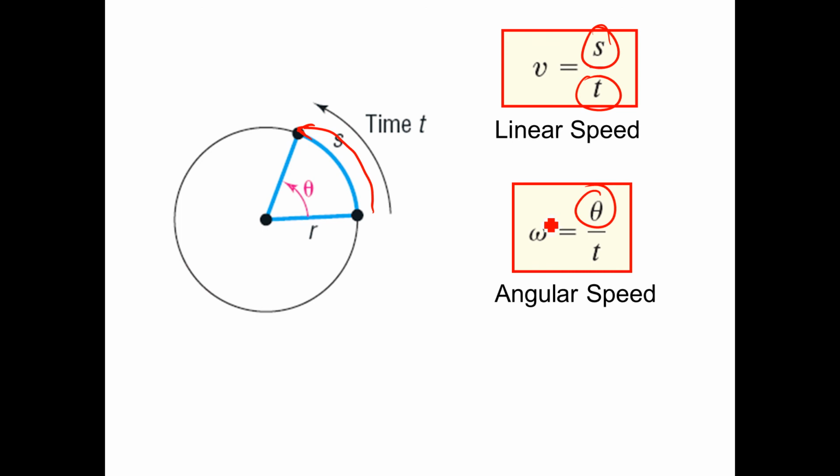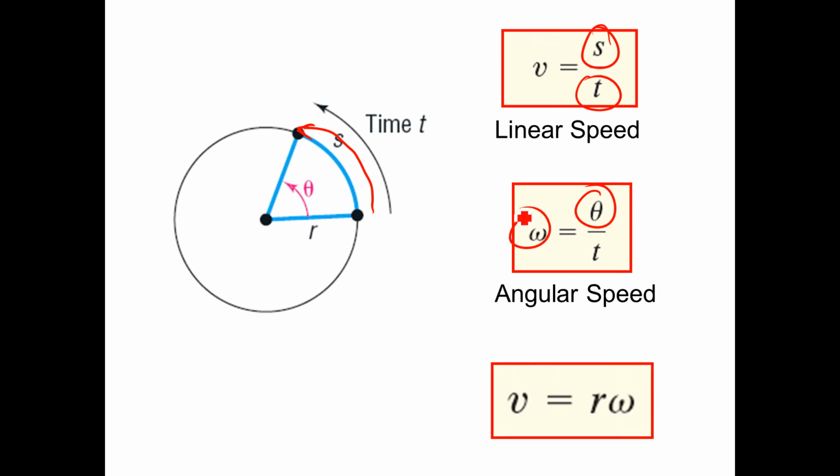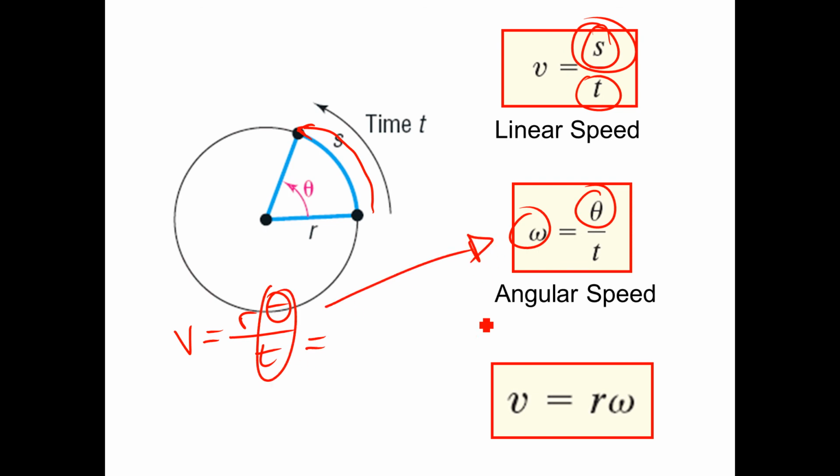And we're going to use omega. So if we put those together, v equals r omega. You get that from saying v equals s over t, where s is r theta, so r theta over t. And theta over t, look at that, we've got that right there. So by substitution, we get velocity equals r omega.